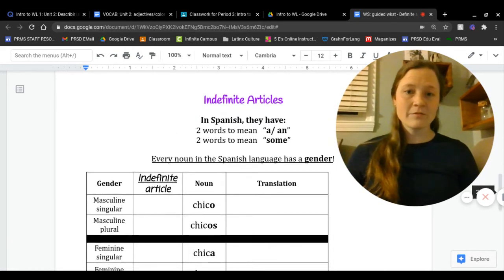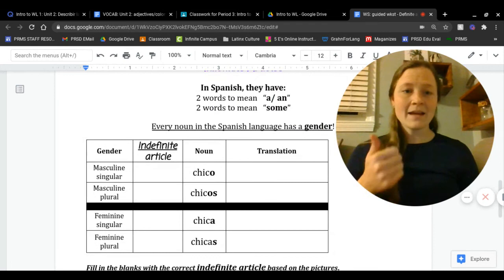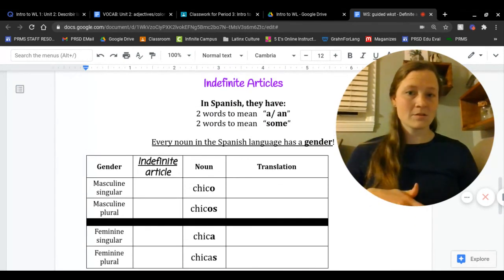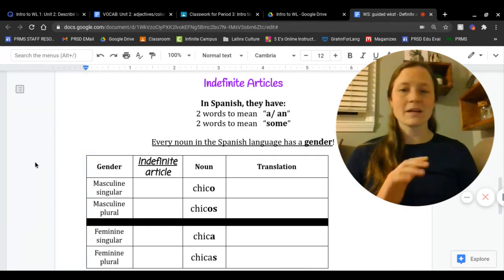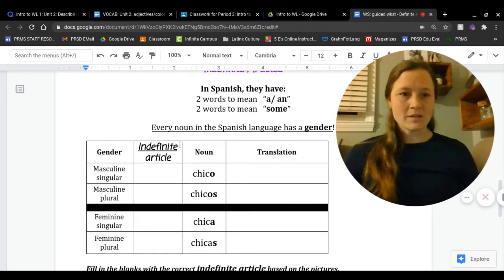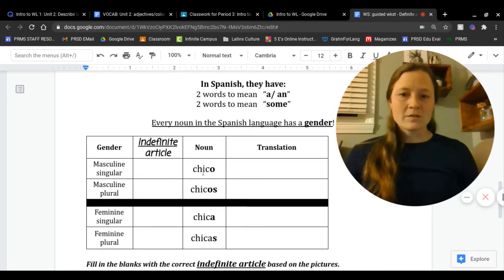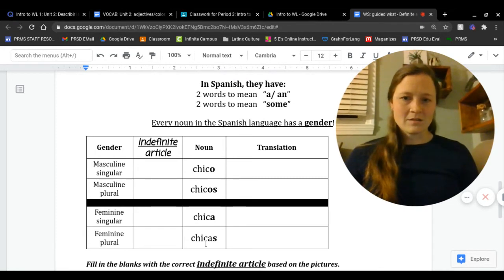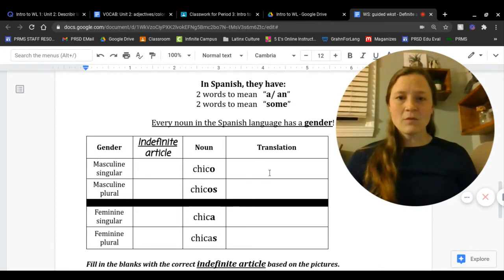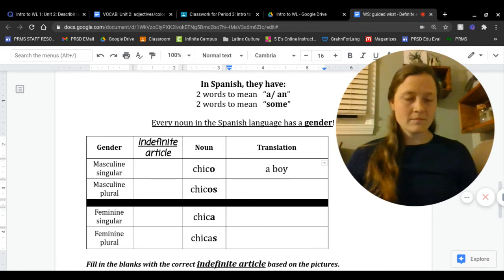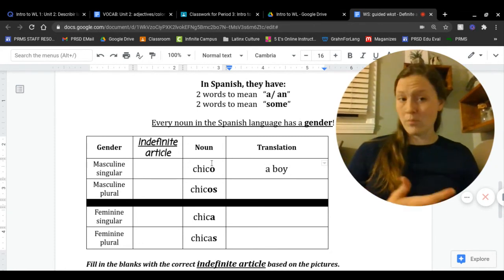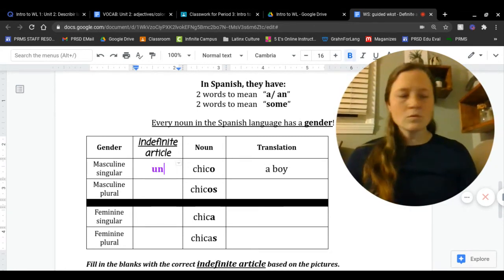We're going to move on to the four words that mean a, an, or some in Spanish. Those are called indefinite articles. Again, that's just a fancy word. But a, an, or some. So we're still using chico, chicos, chica, and chicas. If I want to say a boy instead of the boy, I say un chico.